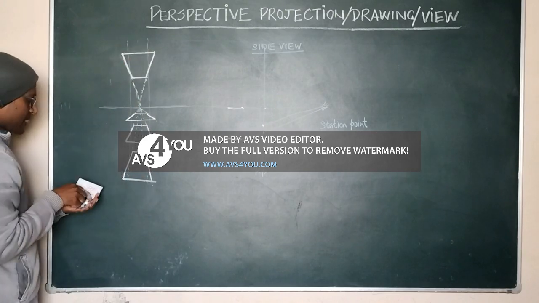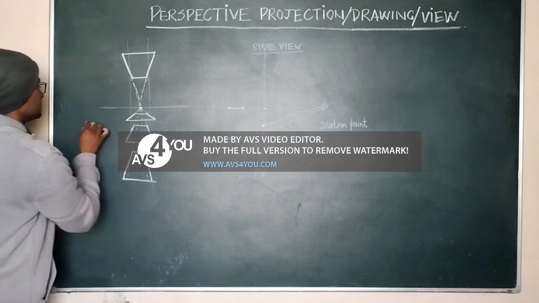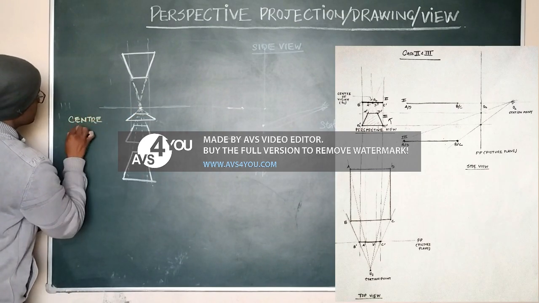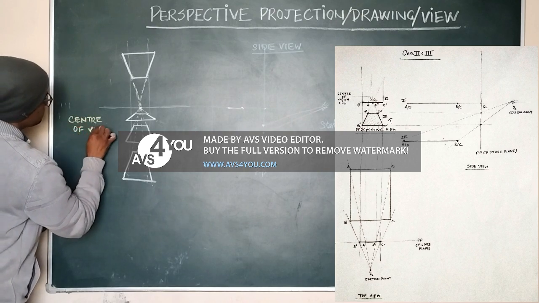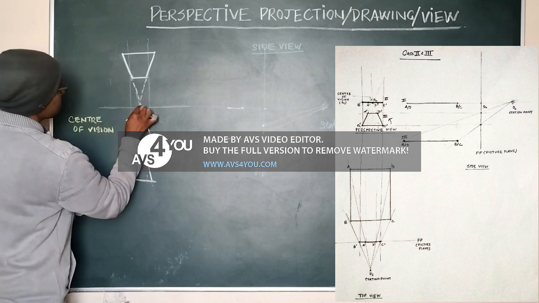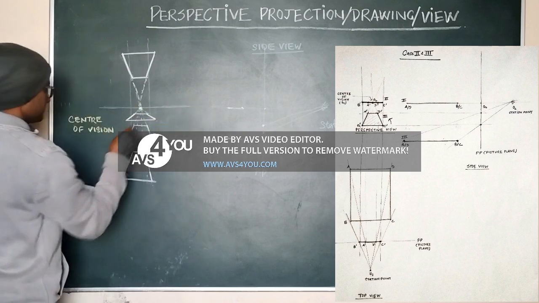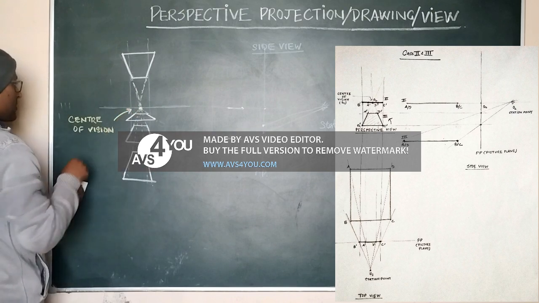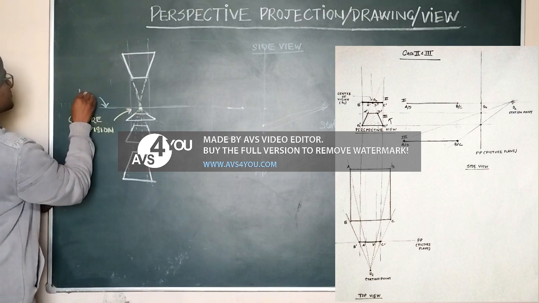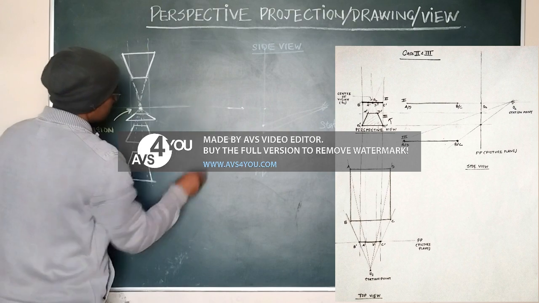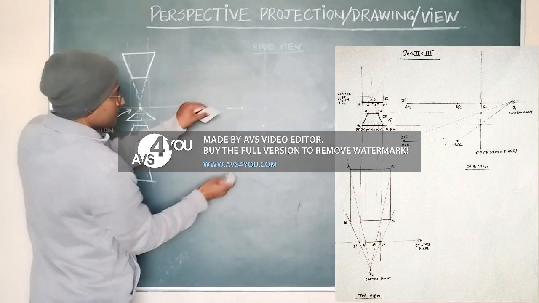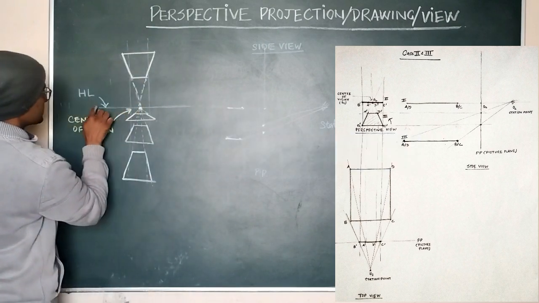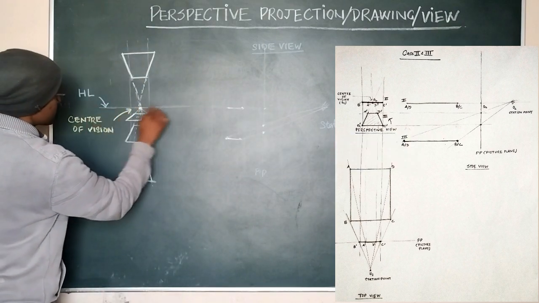This is termed the center of vision. And obviously this will lie on the horizon line. So this is the horizon line, this is the horizontal plane. When the horizontal plane and picture plane intersect each other, this line is termed the horizon line.